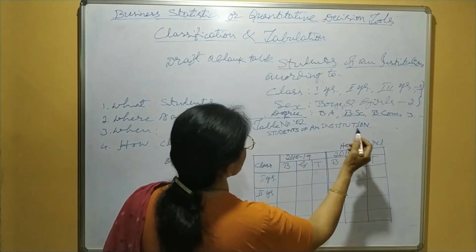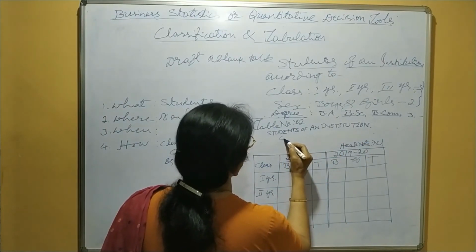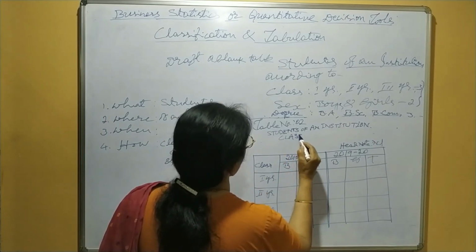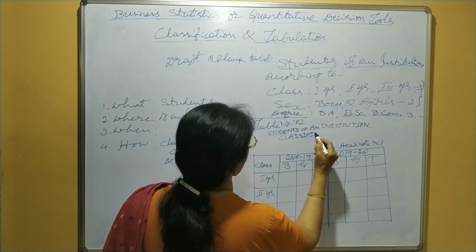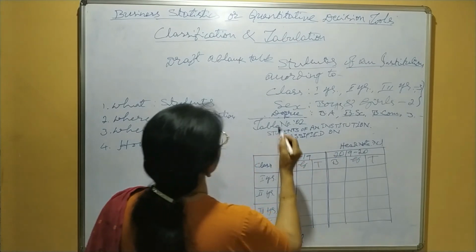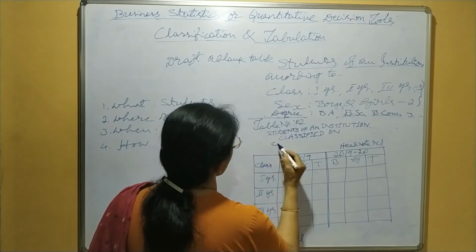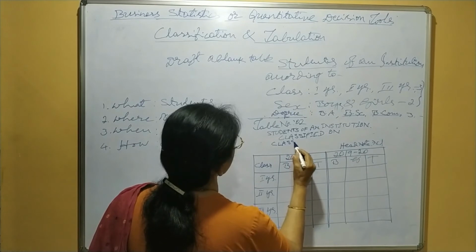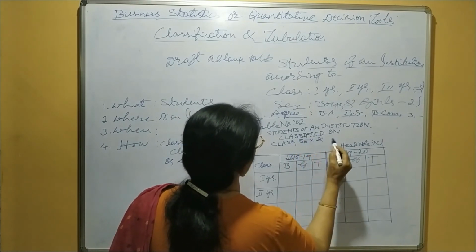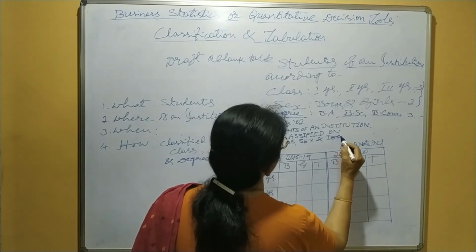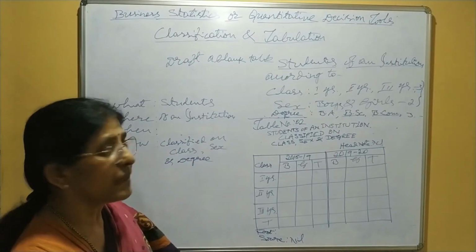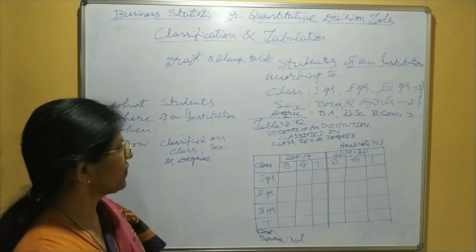Here students of an institution classified on class, sex and degree. Like this you have to write the title. Now head note as usual nil.